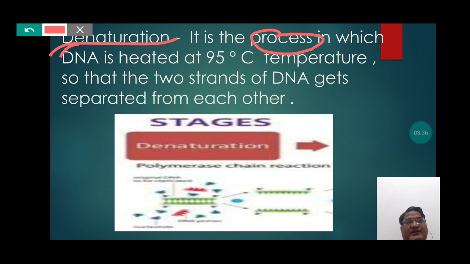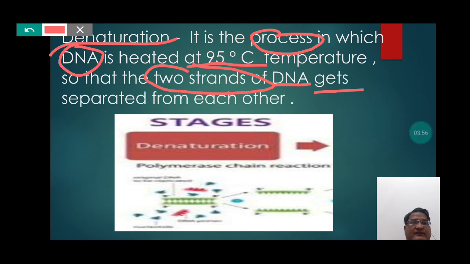Both the strands of the DNA are heated at the specific temperature of 95 degrees centigrade, and as a result both the strands of the DNA get separated from each other.